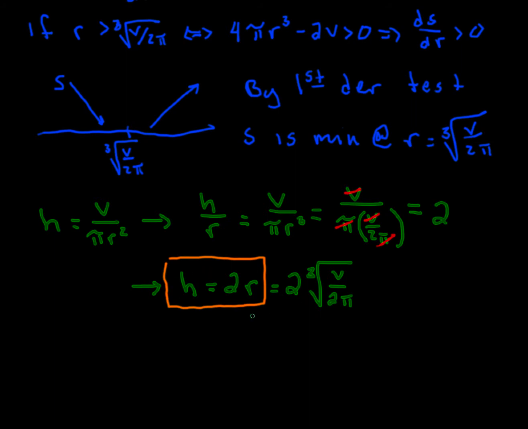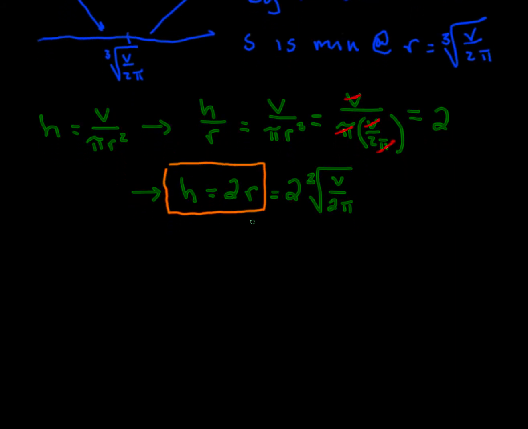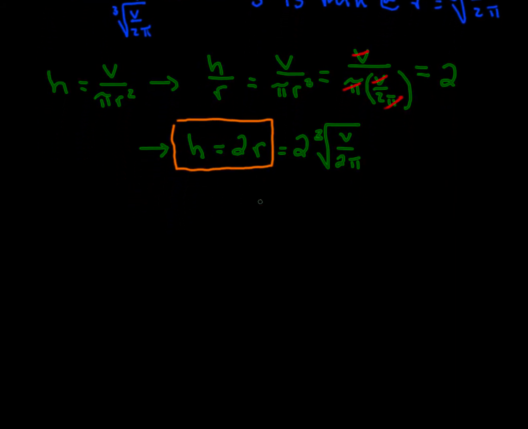And let's stare a little bit closer at these things. What is r? r is the radius of our cylinder, and 2r is the diameter. So what it's declaring is that if I want to minimize the surface area of any can of fixed volume, then it's going to be kind of a square-shaped can.